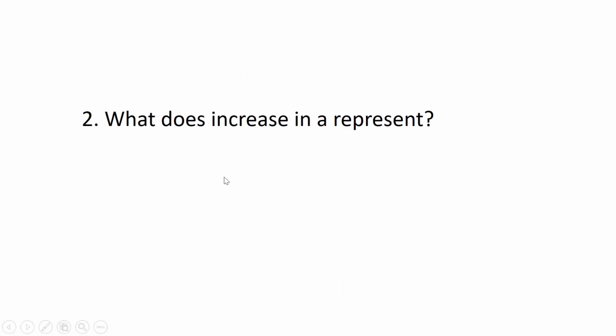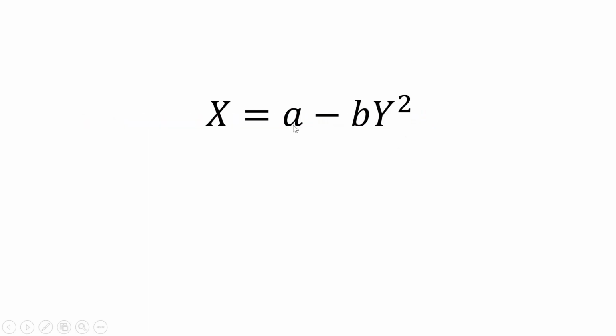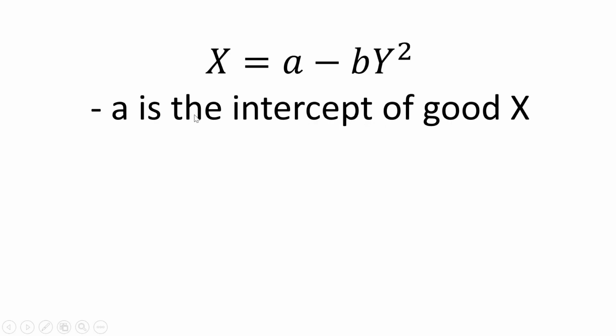Now question 2. What does increase in A represent? We are saying that A is the highest of commodity X that we can produce if we don't produce any Y. A is the intercept of good X. So the moment the intercept shifts upward, it means that we can produce more of both goods.